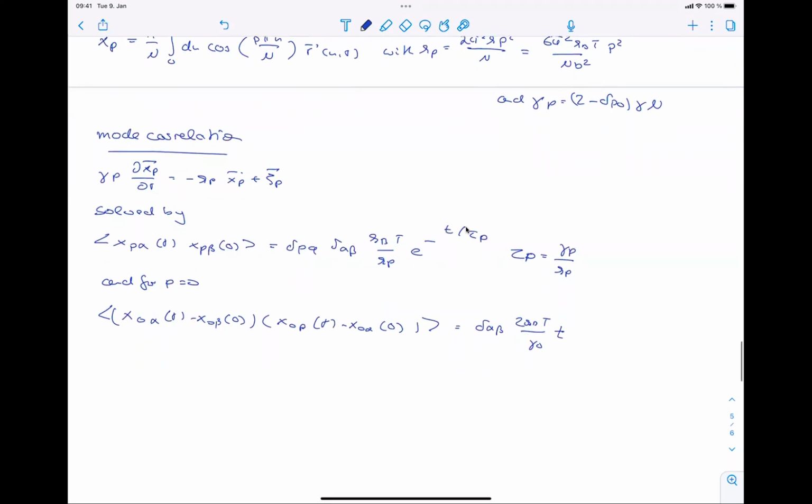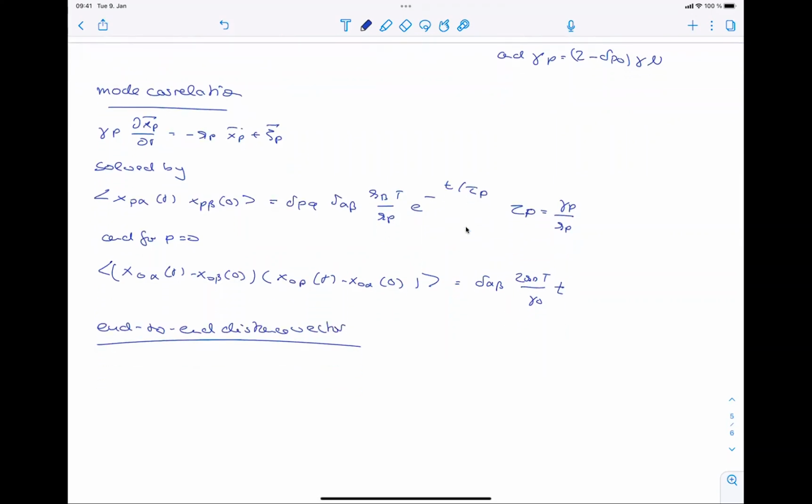And okay, so now with these easily decaying mode correlations, we have insight into the internal dynamics of looking at the end-to-end distance vector.